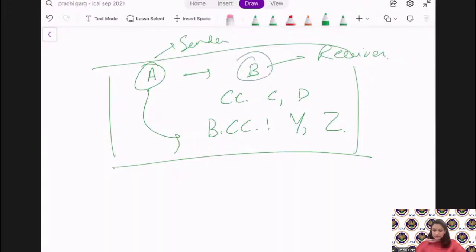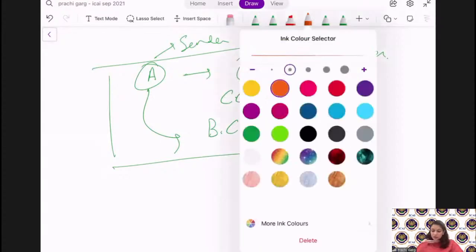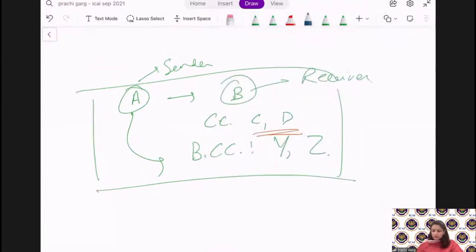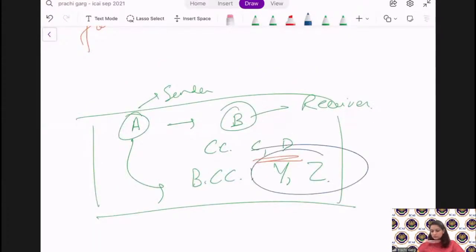Now B can see that C and D have also received the same email. B knows that C and D have received the same email, but B does not know about Y and Z. Neither C and D know about Y and Z, nor does B. But B knows about C and D, and C and D know about B. But B, C, and D don't know who else received it.